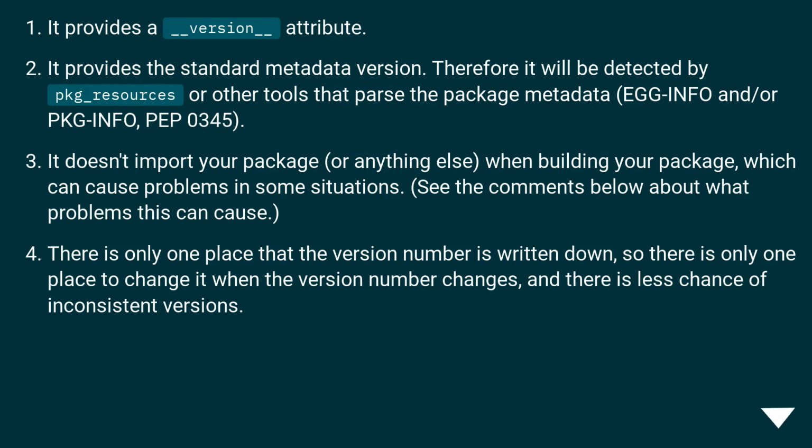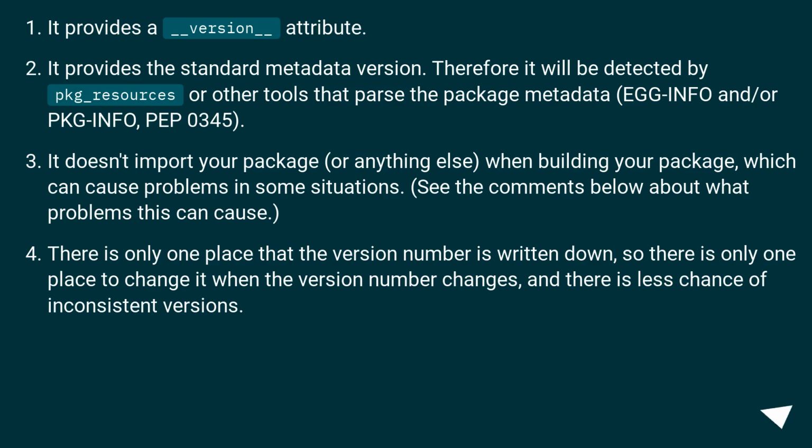Therefore it will be detected by pkg_resources or other tools that parse the package metadata, egg-info or PKG-INFO, PEP 0345. It doesn't import your package, or anything else, when building your package, which can cause problems in some situations. See the comments below about what problems this can cause.